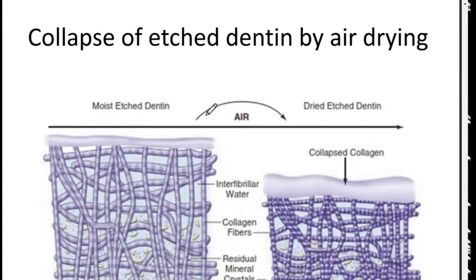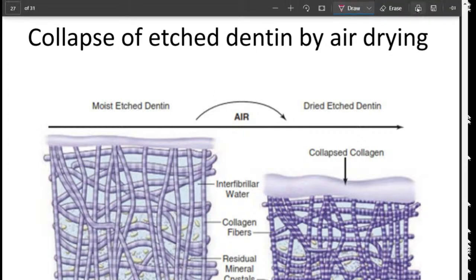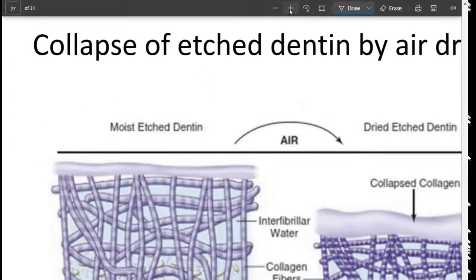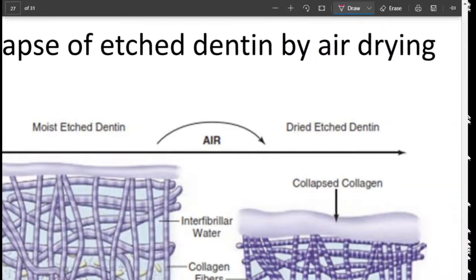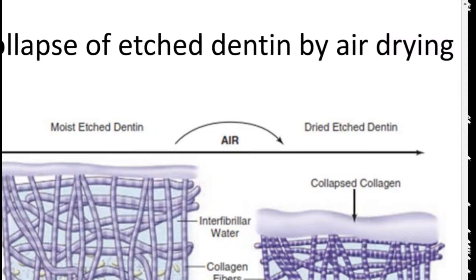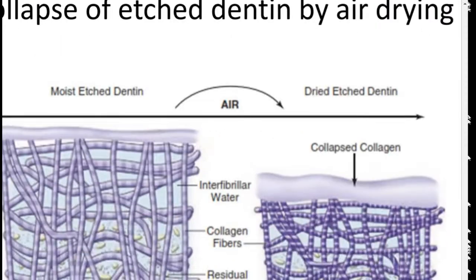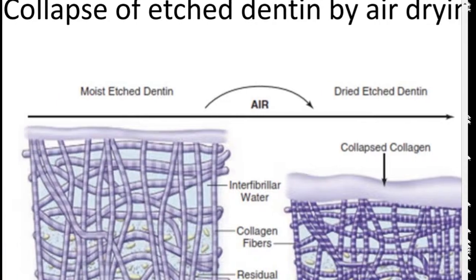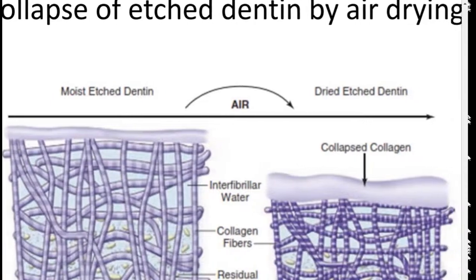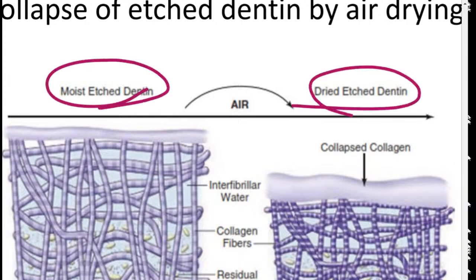Collapse of etched dentin by air. This is the collapse of etched material by air. In this picture we can see moist etched dentin and dried etched dentin. This is the moist, and there is air between them.